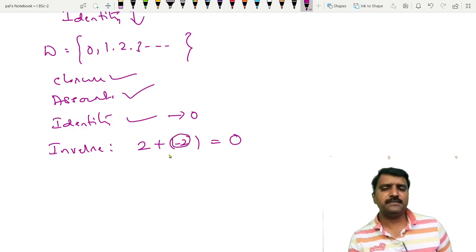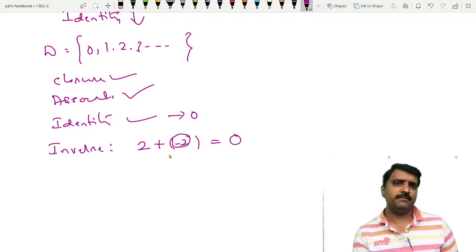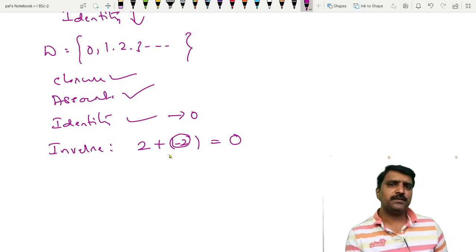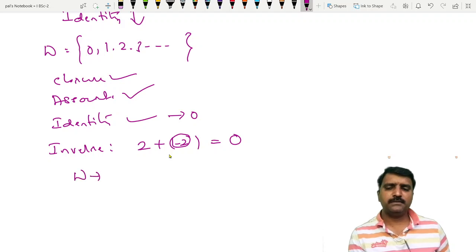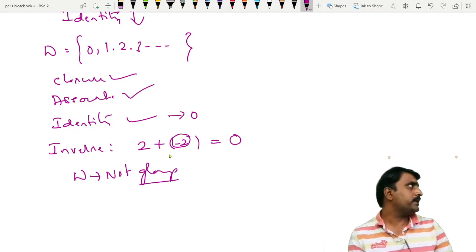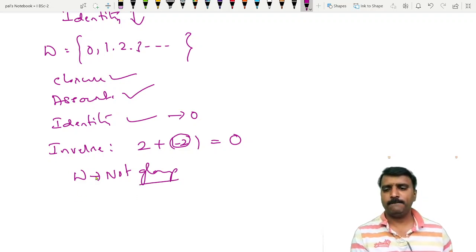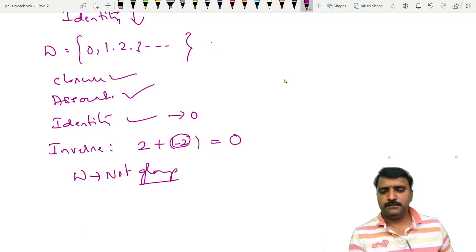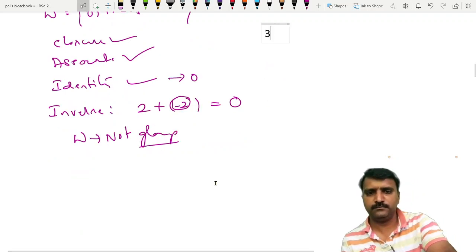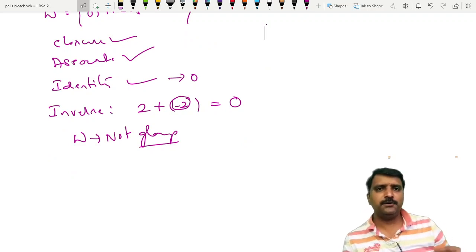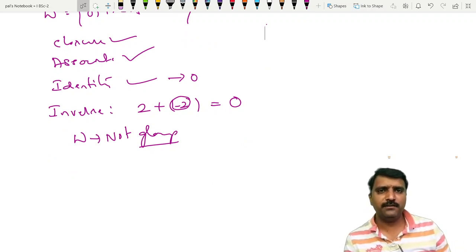But -2 is not whole number. So it fails to satisfy inverse property. So therefore, set of all whole numbers is not a group. ಹಾಗಾದ್ರೆ whole numbers group ಅಲ್ಲ.